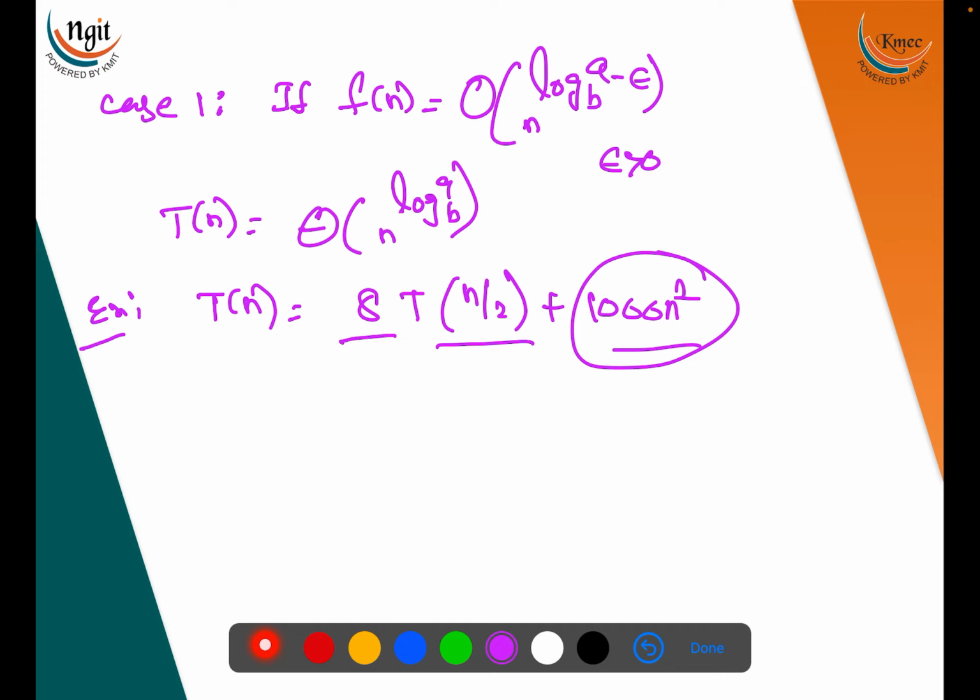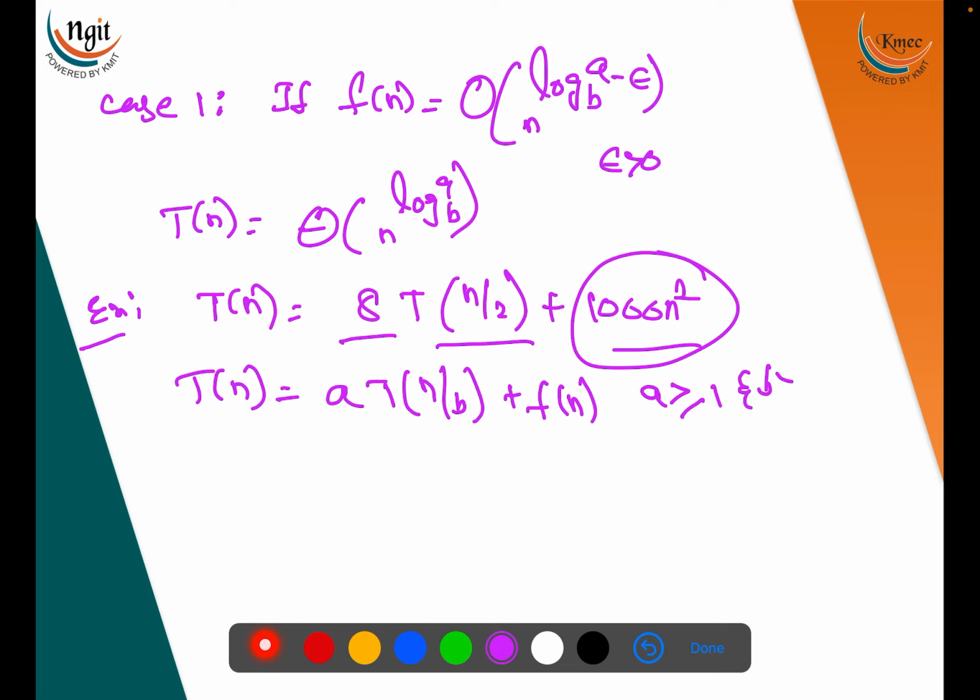Now compare T(n) = 8T(n/2) + 1000n^2 with T(n) = a·T(n/b) + f(n), where a is greater than or equal to 1 and b is greater than 1. Now find out the values of each.